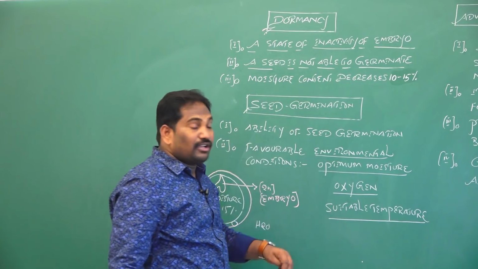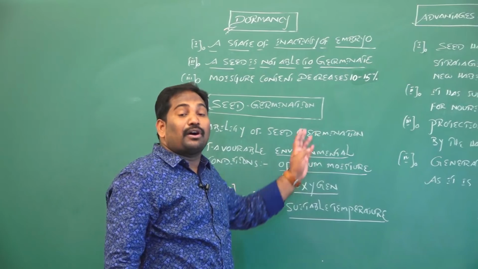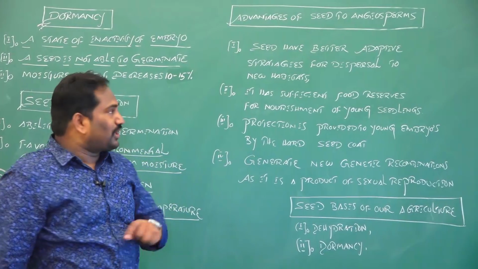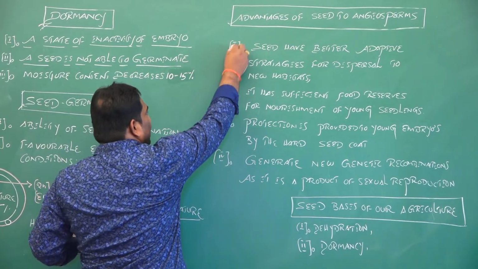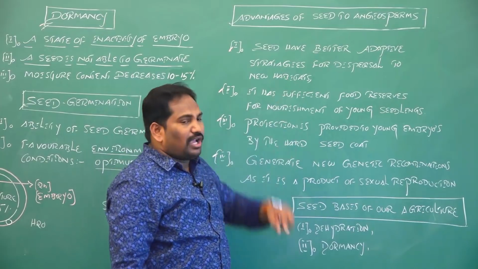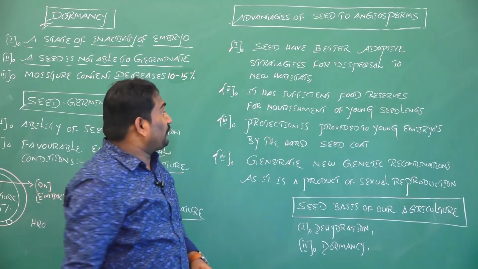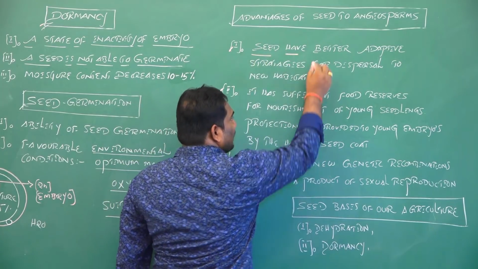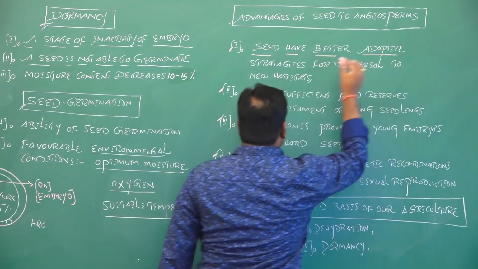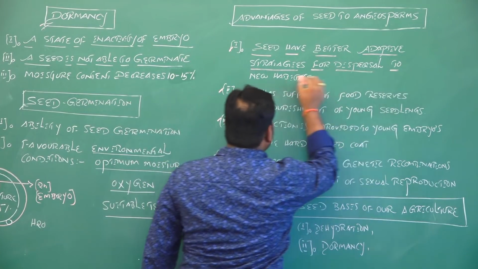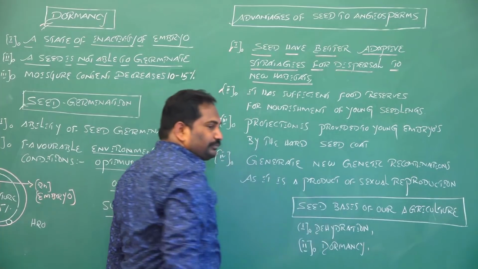Let's discuss the advantages of seeds to angiosperms. Generally, there are four basic advantages of seeds in angiosperms, or flowering plants. The first advantage is that seeds have better adaptive strategies for dispersal to new habitats.